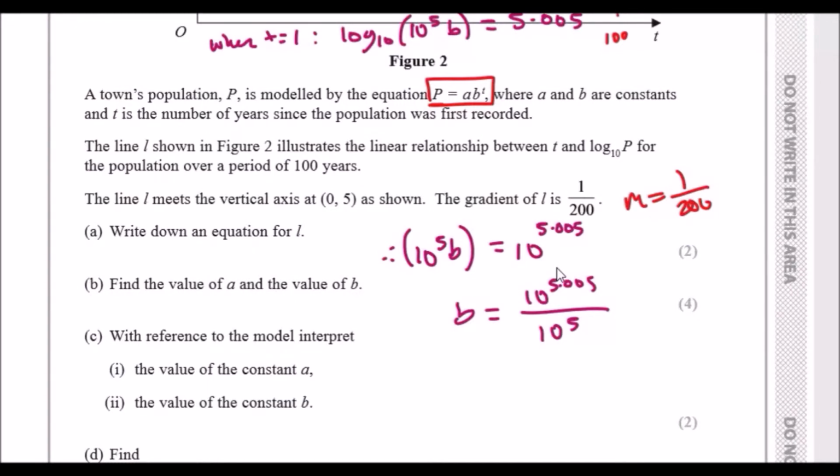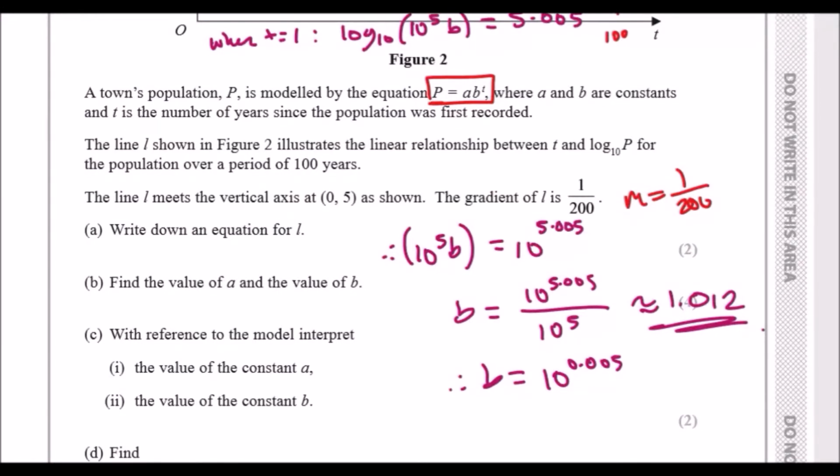So I got roughly 1.01. Let's say 1.012, so 3 decimal places. You could also just subtract the powers if you want. You could say b equals 10 to the power of 5.005 minus 5, which is 10 to the power of 0.005. But that looks kind of ugly, so I'll stick with 1.012.